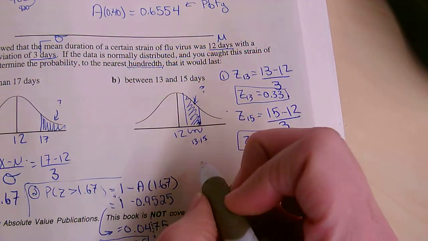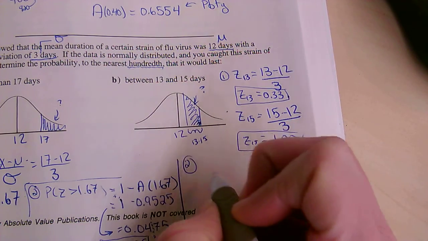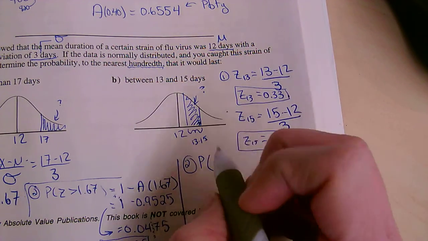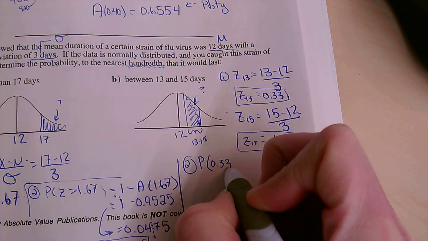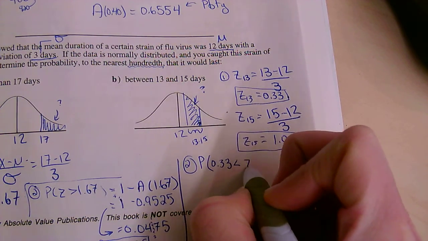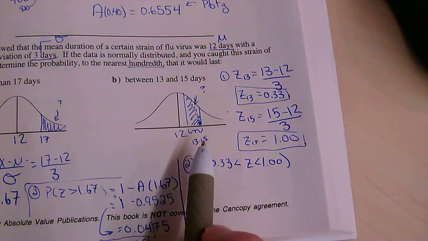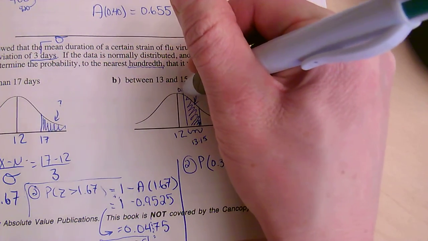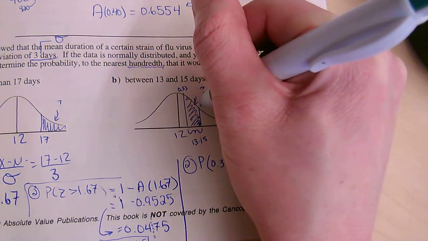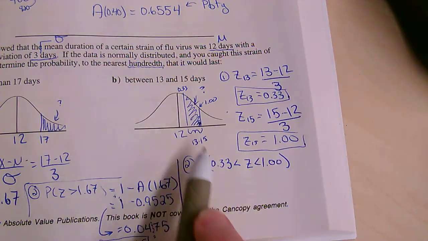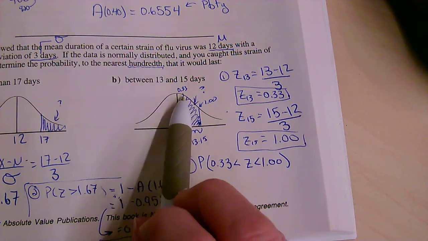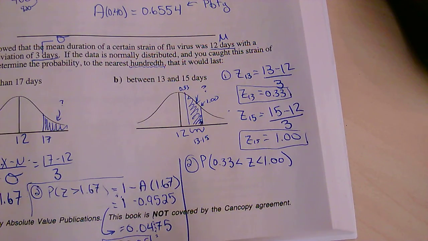So I'll just move this down. The second thing we're going to do is the probability of the 0.33, because the 13 was the 0.33. This right here is 1.00, so that's why I wrote it like that. Z is in between the 0.33 and the 1.00.